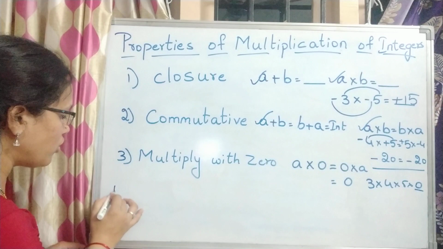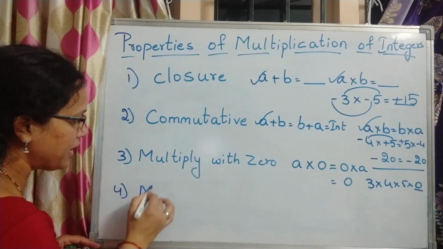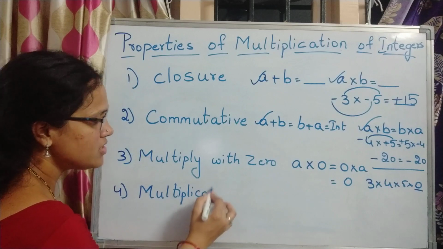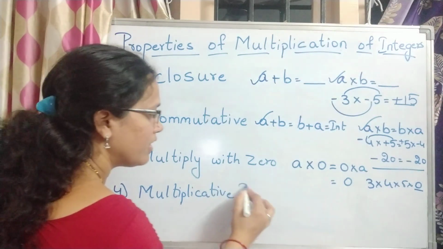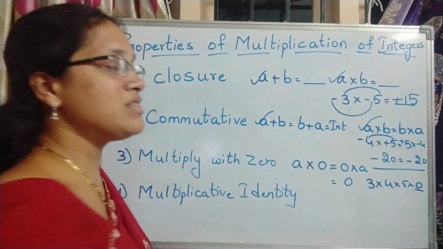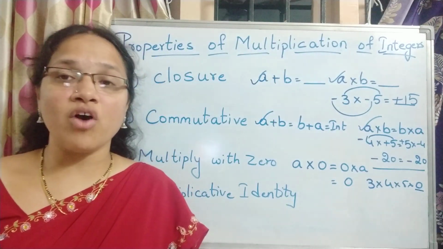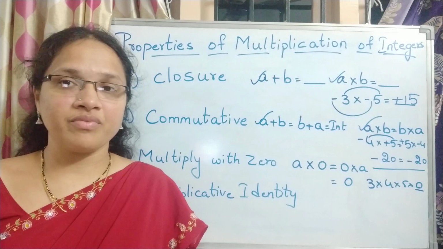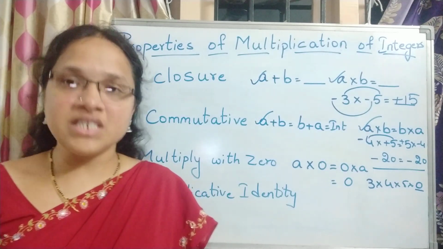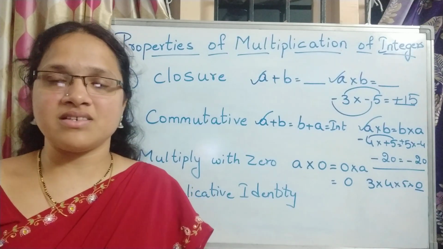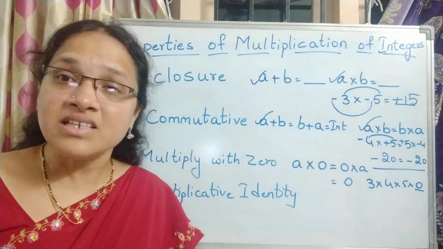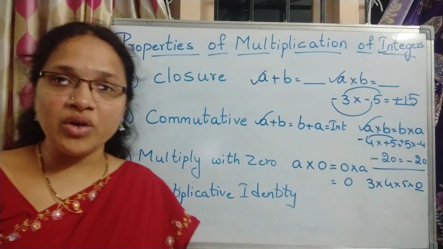Next, the fourth one is multiplicative identity. What is this multiplicative identity? First, let us recollect additive identity. What is additive identity? If any number is added with 0, then you get the same answer. Yes or no? But here we are not doing it with 0.